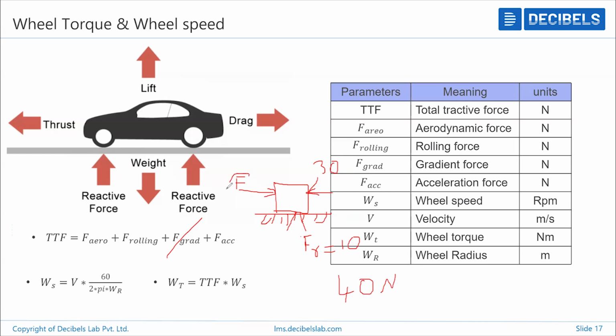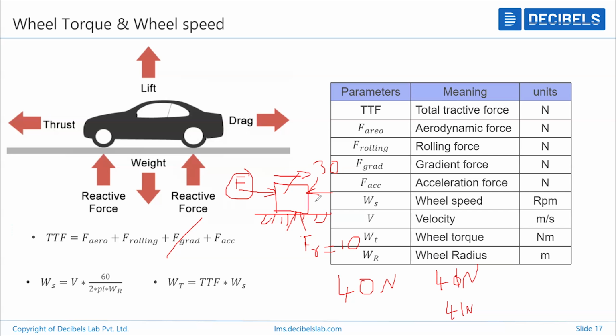If I apply 40 Newton in this direction, does the box move or not? It doesn't move, because it has reached a balanced mode, or equilibrium. Now if I start applying some extra, let's say 41, I'll write it over here, it will move in this direction where I'm marking. But at what velocity is it moving, right?